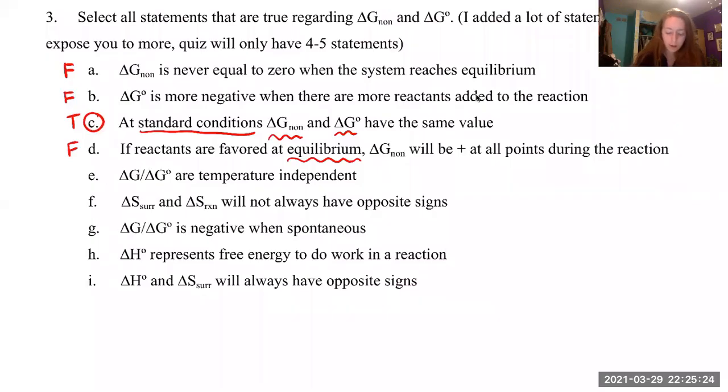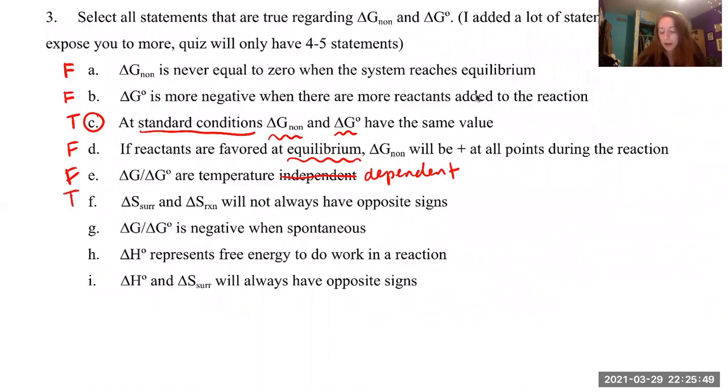Okay, so for E, delta G and delta G standard are temperature independent. So this is false because they're very dependent on temperature. We see temperature in every delta G equation we use, so it's very important. The next one is saying delta S of the surroundings and of the reaction will not always have opposite signs, and that's true.